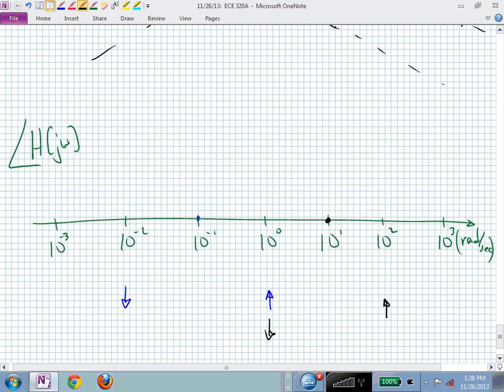And I'm going to start at plus 90. And here I'm going to be down and then flat. Here I'm going to be down and then, whoops, that should be the same. Minus 90 is where I should be ending up.